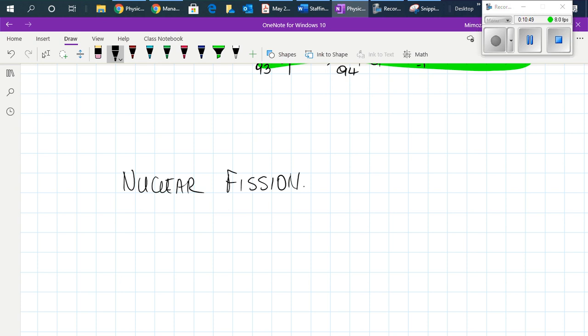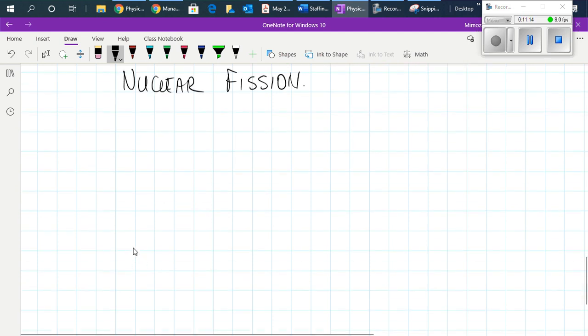A neutron is captured by a fissile nucleus, resulting in an unstable nucleus which splits. In this process, the binding energy of the heavy element is converted into radiant energy.